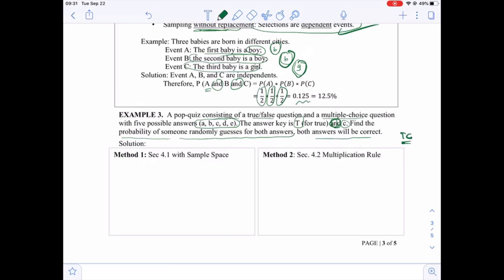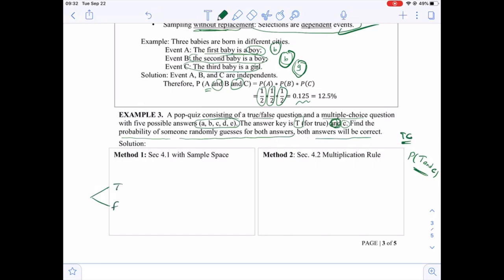So we want to find the probability of getting true on the true-false problem and C on the multiple choice problem. So this is the probability that we want to find. So let's make a table. We either use a table or tree diagram. So let's do a tree diagram. Let's start with the true-false problem.